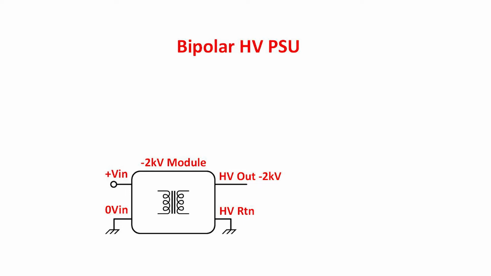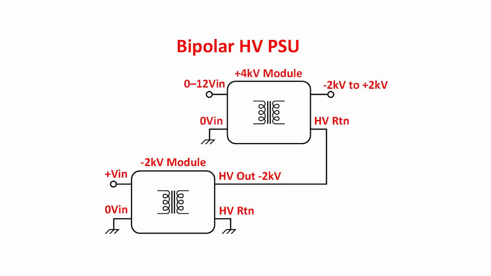If we then add a +4 kV module with the output referenced to -2 kV, it will generate a voltage that can be linearly adjusted through the full 4 kV range without any major non-linearity or delay or hiccup as it passes through 0 volts. This approach avoids the expense and the space required for a typical off-the-shelf bipolar supply.